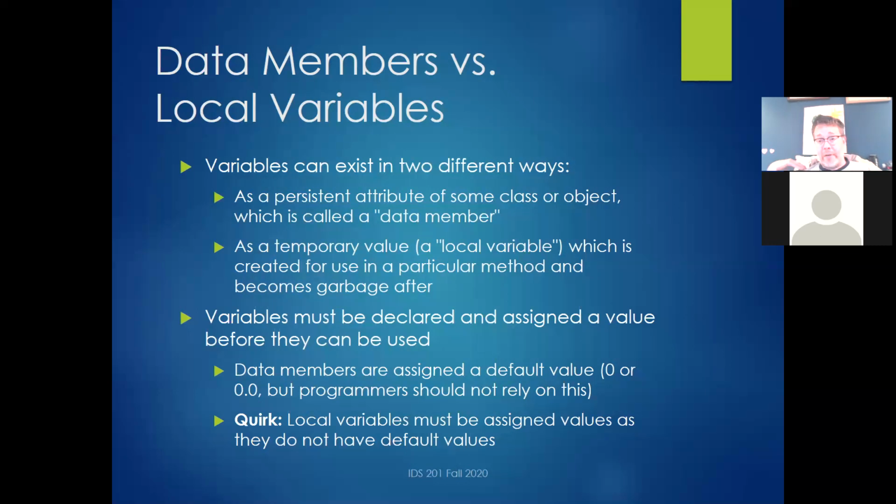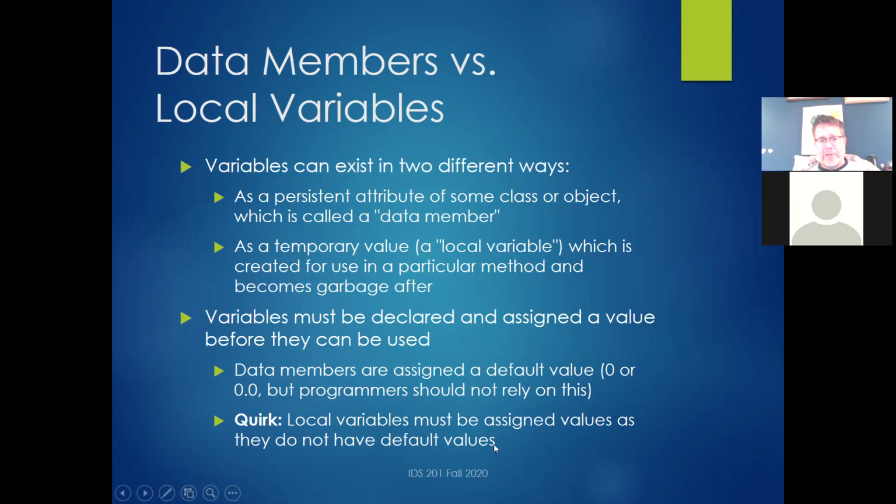It's not necessarily going to fill it up with anything unless you tell it to, but it'll definitely have a place there and you can access that variable. On the other hand, local variables have to be assigned values. They don't have default values. They don't exist in memory until you go to the trouble of actually declaring them.